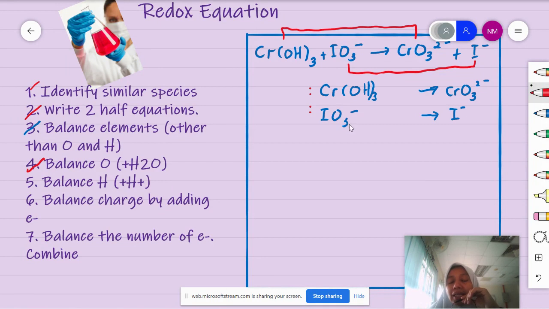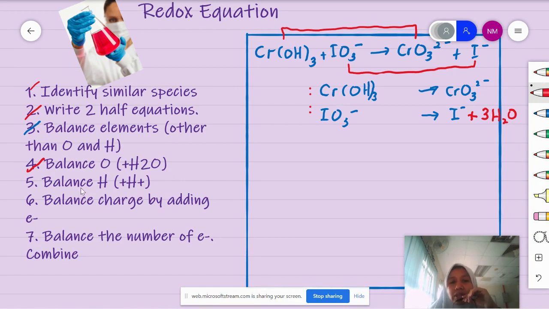On the second equation, we have 3 oxygen here, but no oxygen on the other side. Therefore, we need to add oxygen here, but not in the form of oxygen, but instead in the form of H2O. So plus how many? 3 H2O.